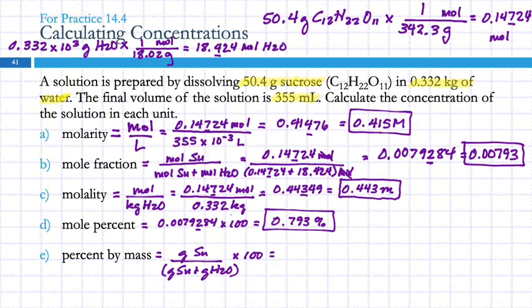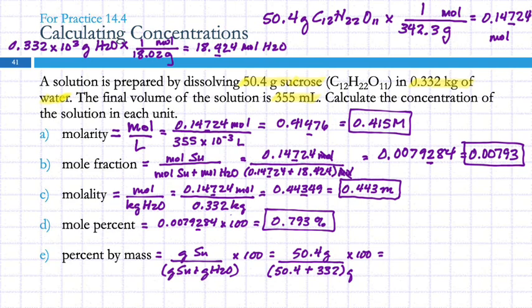So we were given the mass of sucrose, 50.4 grams. And so down here I'm going to have that 50.4. And I'm going to take the kilograms of water and convert that into grams. And I don't feel like writing it in scientific notation, so it's 332 grams. Oops. I just took this and multiplied that out.